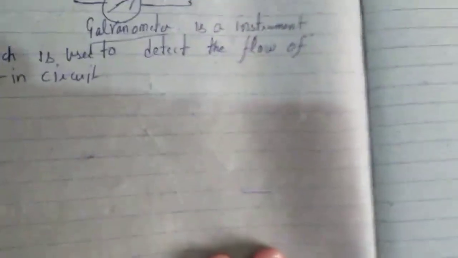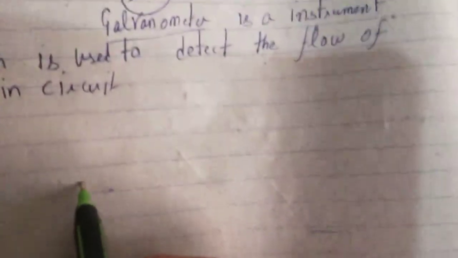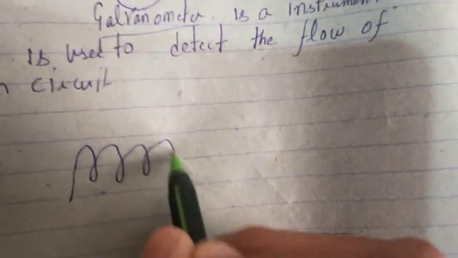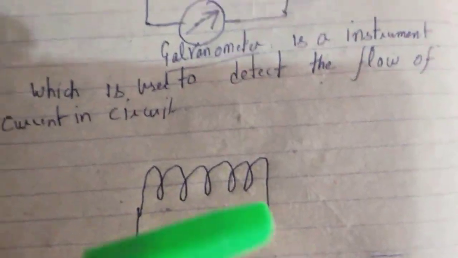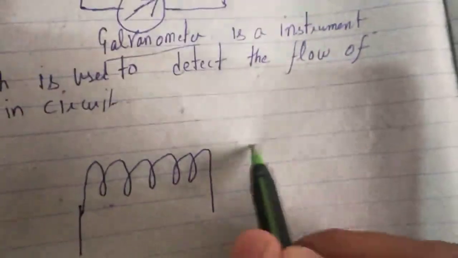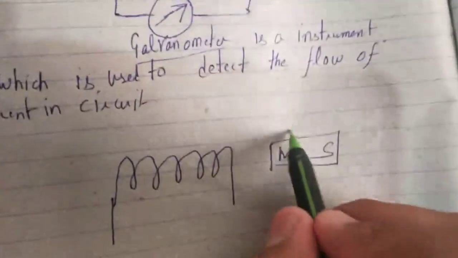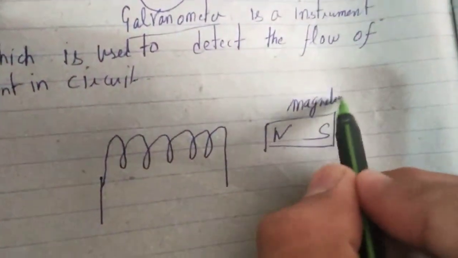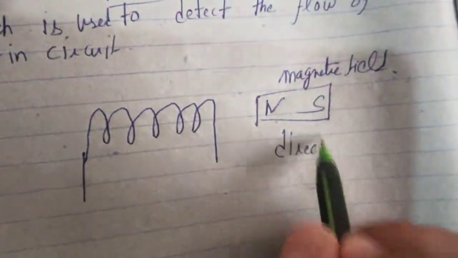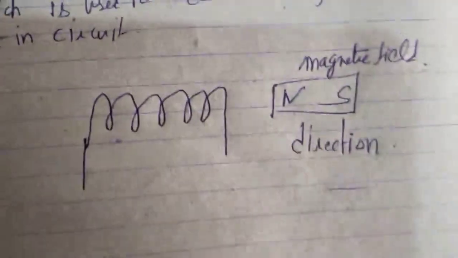So suppose this is a coil, and this is a bar magnet. The bar magnet has a magnetic field, and this magnetic field will have some direction, north to south.